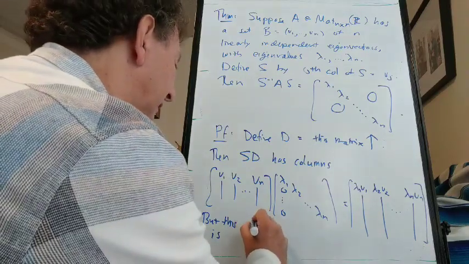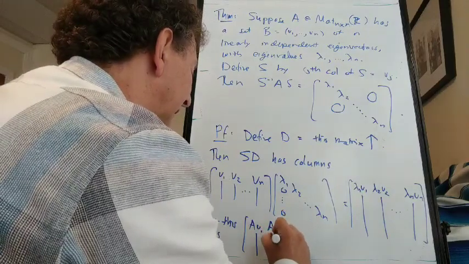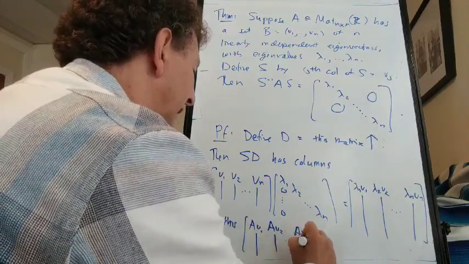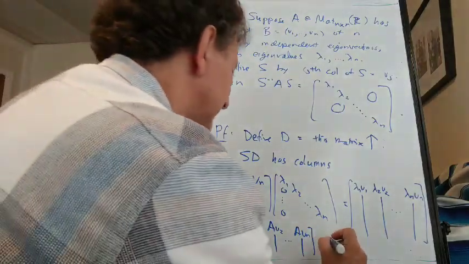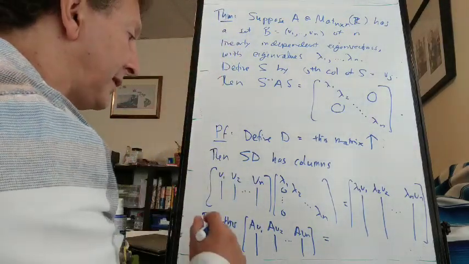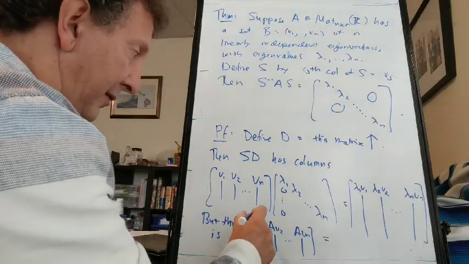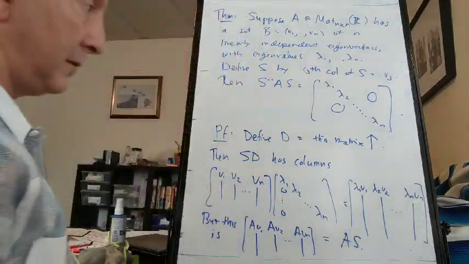So this is A times V1 in that first column, and A times V2 in the second column, etc., A times Vn in the nth column. So this is A times the matrix whose columns are eigenvectors. This is AS. So we just showed that SD equals AS.